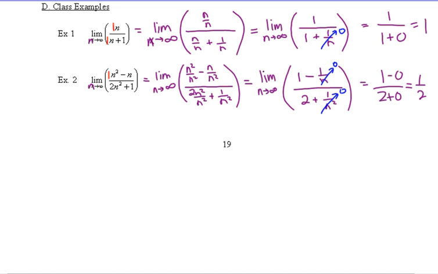And so how could we write this? Well, the shortcut is this: if the top degree equals the bottom degree, it's really easy.